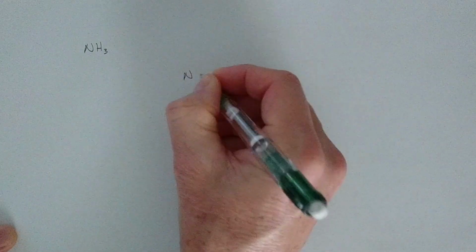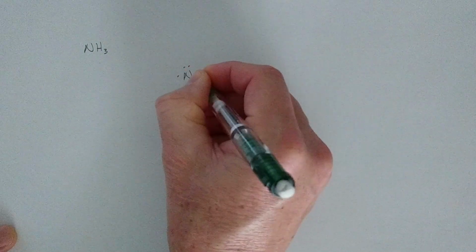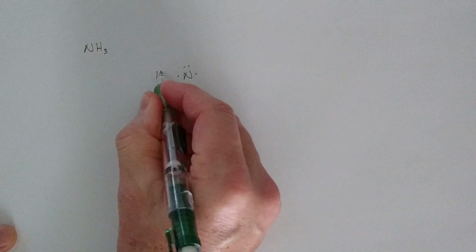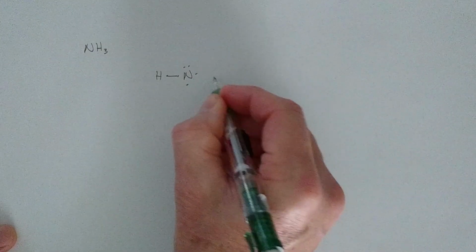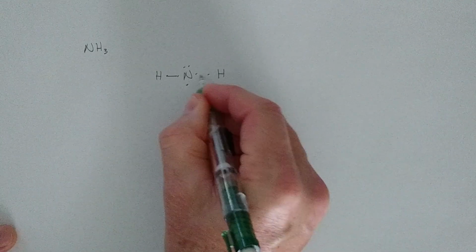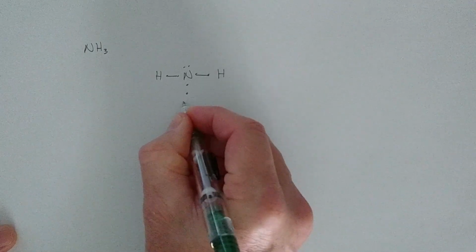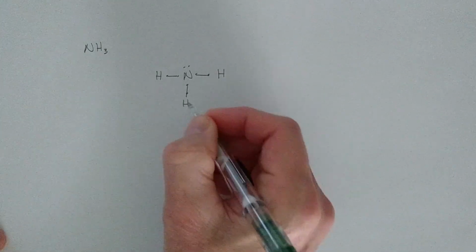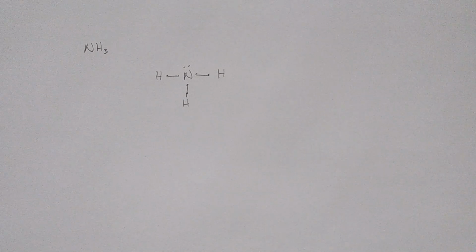We will place the nitrogen atom as so with its 5 valence electrons. We will bring in the 3 hydrogen atoms. And again, we could look at the electronegativities and realize that the nitrogen-hydrogen bond is a polar covalent bond.